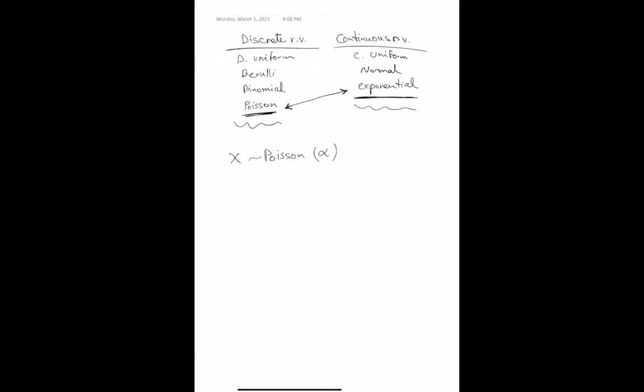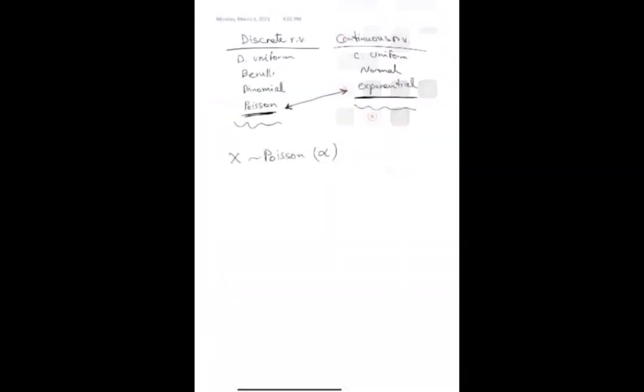We are still counting discrete things: 0 cracks, 1 crack, 2 cracks, and so forth. So here again we are looking at the number of things in a dimension of time or space, and these are all variables that have a Poisson distribution.